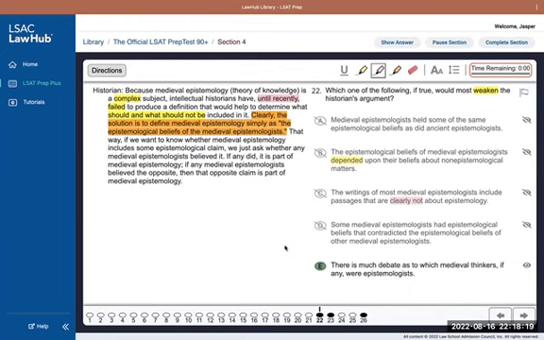So if that's the case, then we don't have a clear definition of who is and who is not an epistemologist. So to simply ask whether any medieval epistemologist believed it is simply going to pass the buck or kick the can down the road, and it's not actually going to solve the problem of defining what should and should not be included in the definition of epistemology.